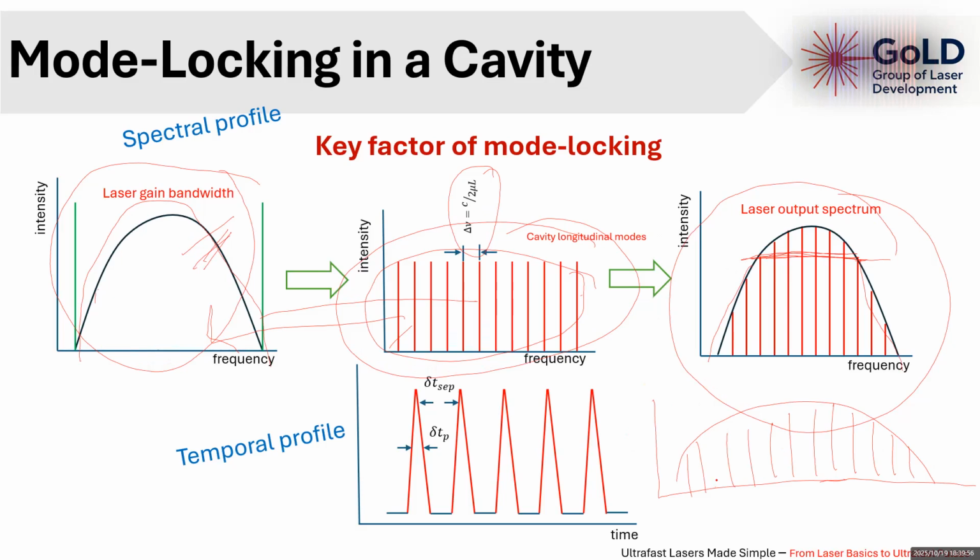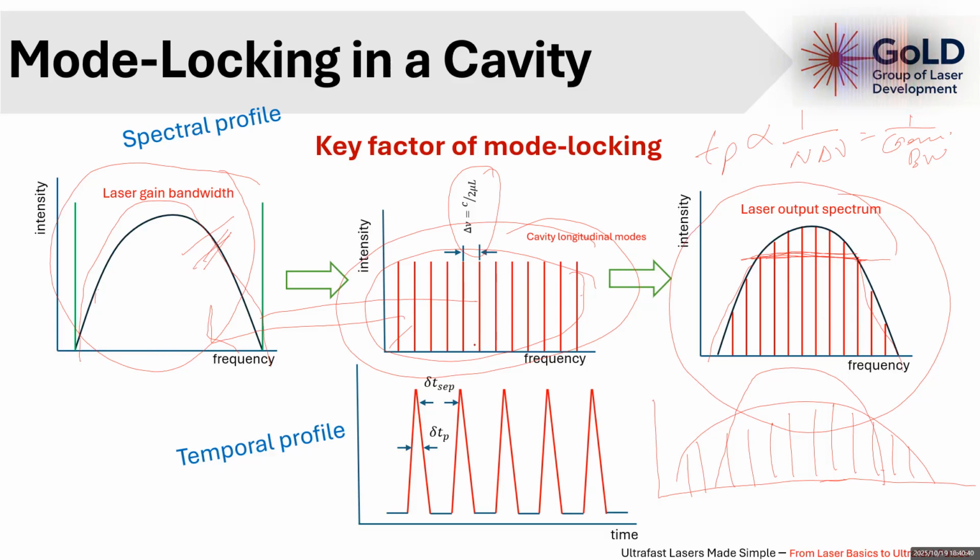If the gain is very wide, you have so many modes, and so many modes you can lock. So it means the pulse duration will be smaller. Okay. That is why this relation is like this with the gain bandwidth. So the wider the gain, the more modes there will be, and then you have a shorter pulse.